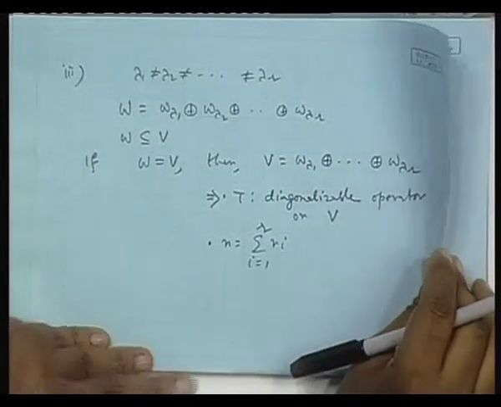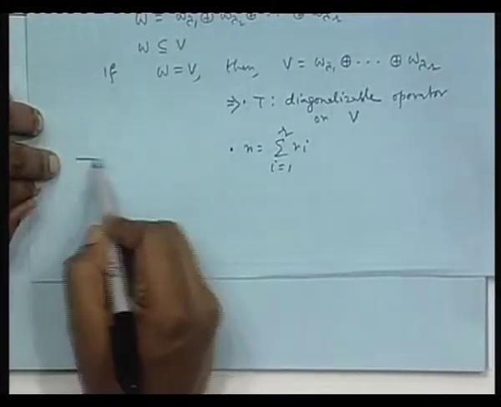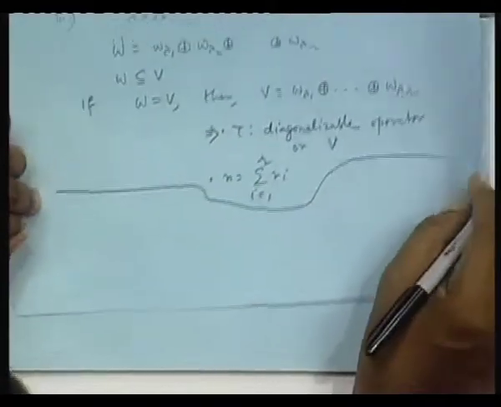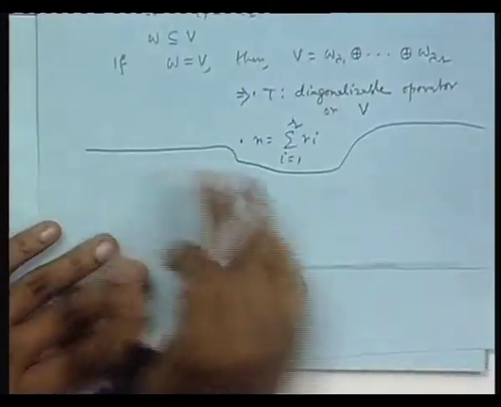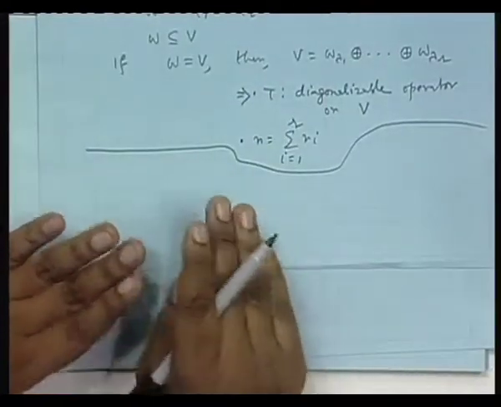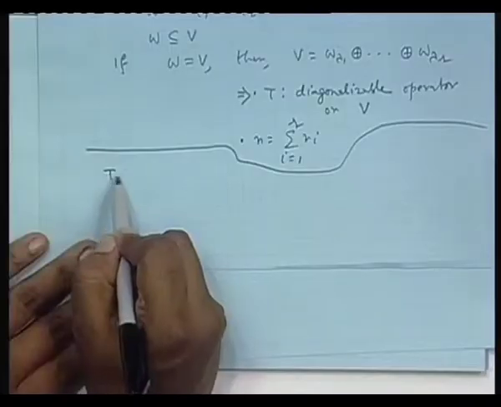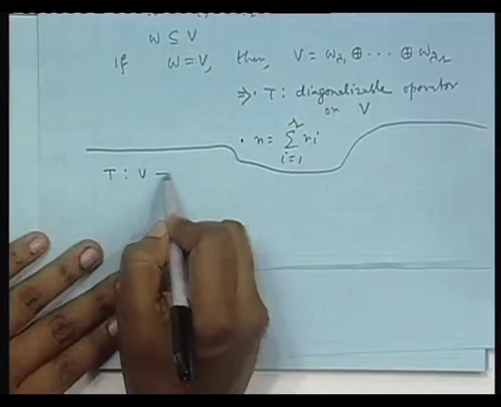Why do we say so? To understand that, we come back to the basic property of operators as a diversion from here. Suppose we are presenting some other result which is relevant here. Suppose I am considering any linear operator T from V to V prime.